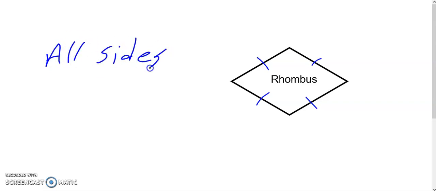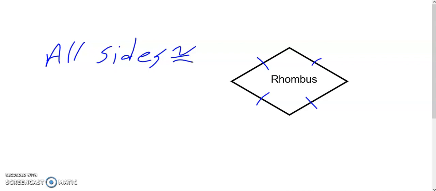I'm not going to write that down because that's the property of a parallelogram. But because this is a rhombus, the sides are special. On a rhombus, all my sides are congruent. That's what makes a parallelogram into a rhombus. If I give you a parallelogram that has four congruent sides, it's a rhombus.